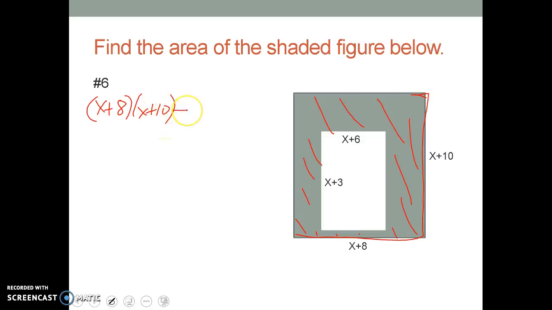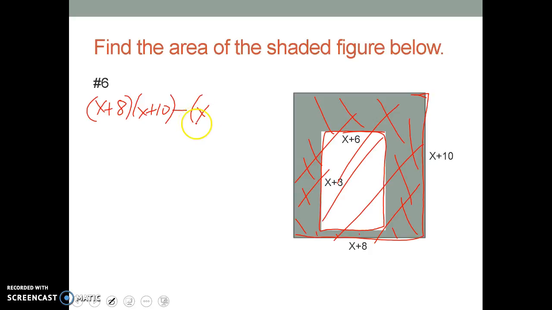But then I'm going to subtract the area of this white area here, because when I take x plus 10 times x plus 8, that includes everything. But I don't want everything. I want to get rid of this white area. So I'm going to subtract the area of the white part, which is x plus 6 times x plus 3.